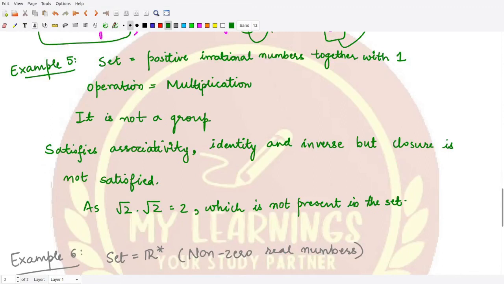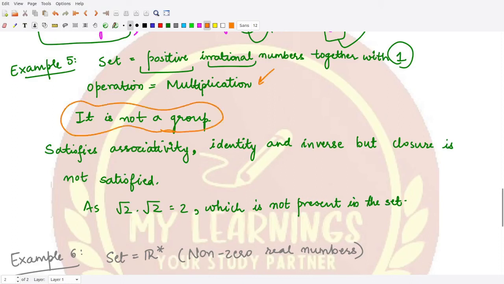The next example is if we consider the set of positive irrational numbers, and in addition to all the positive irrational numbers, we also take 1, and the operation in this particular case is multiplication. So we are saying this is not a group. Why is this so?